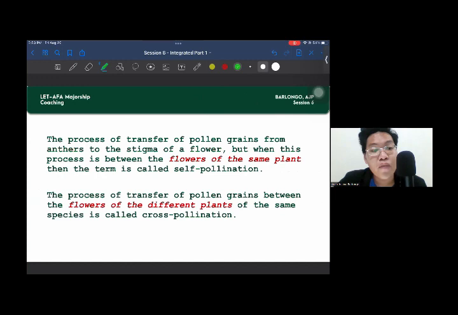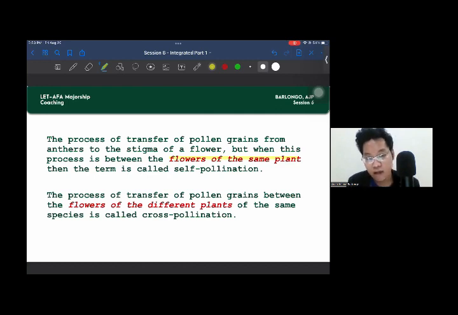So here, the term self-pollination refers to the process of transfer of pollen grains from anthers to the stigma of a flower, but the flowers are on the same plant. So for self-pollination, from the term itself, self. So the flower is on the same plant.